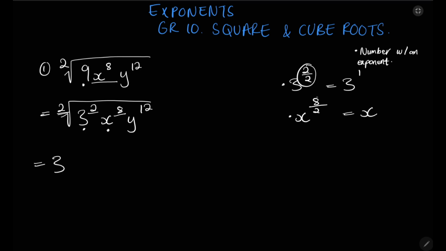What is 8 over 2? 4. x to the power 4. Now let's move to our second variable. We have y. This will be 12 over your outer, 2, which is y. What is 12 over 2? 6. Your final answer is 3x to the power 4, y to the power 6.